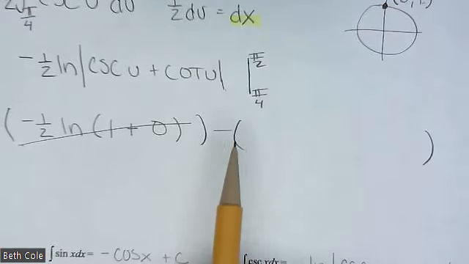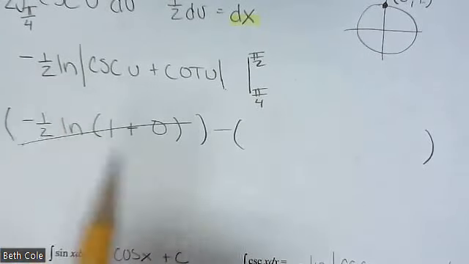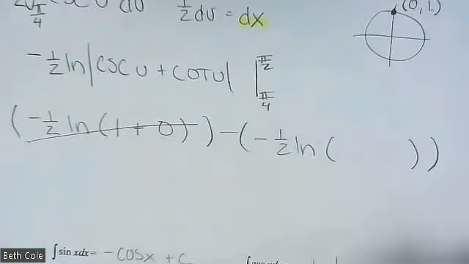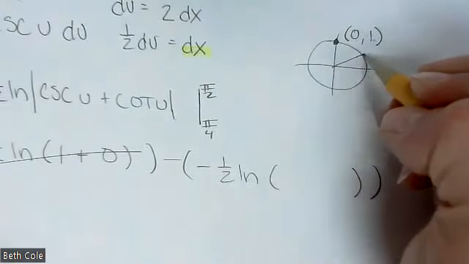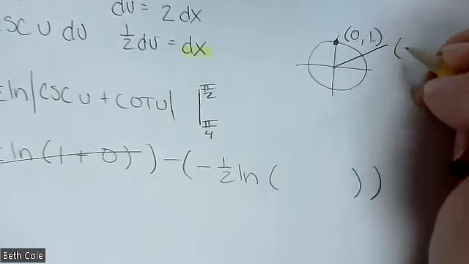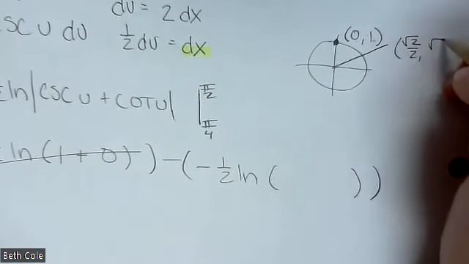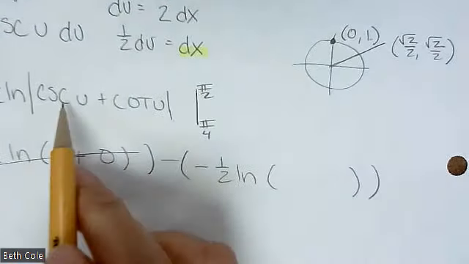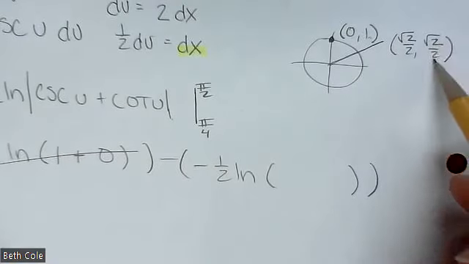All right. Now we're going to do the other one. Negative a half ln. Now we're going to do pi over 4. Pi over 4 is right here. That point is square root of 2 over 2, comma, square root of 2 over 2. Do you remember that? Okay. It was last year. It wasn't that long ago. All right. Cosecant means you're going to flip the y value.